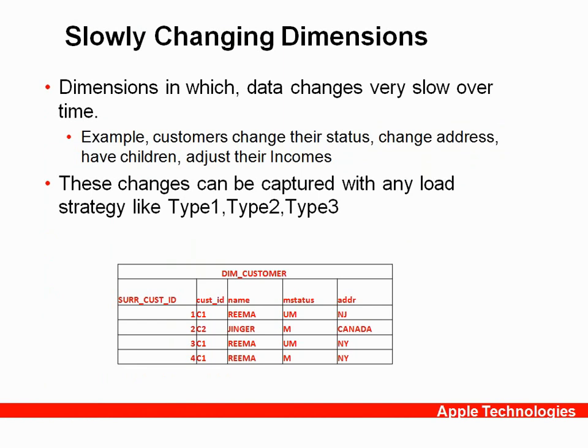It means that when you are loading data into this table, the changes will be slow. Changes will definitely be there, but they will be slow. Example, I am building one customer table. I have some customers with their marital status and address.